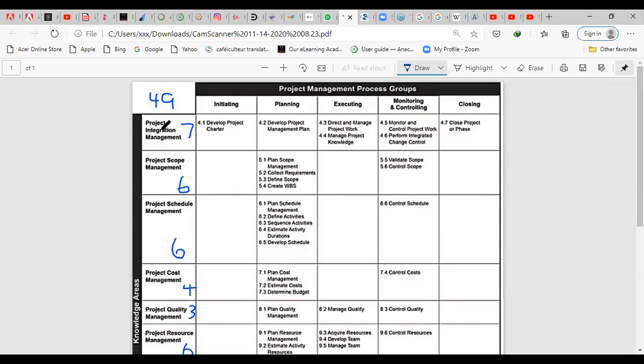It's not like you can start with project integration management and then go to maybe cost management. It is in that order, ordinal. You perform integration management, scope management, schedule management, cost management in that order. It is never interchanged.